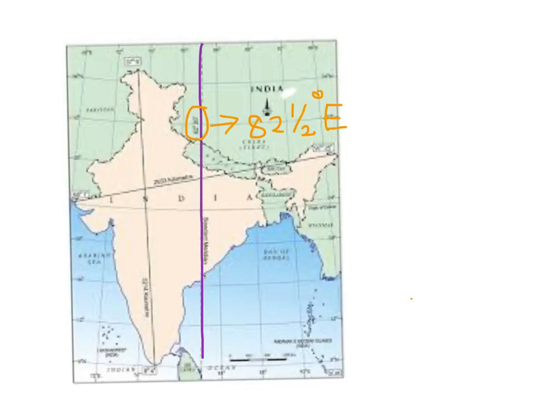The standard meridian of India is fixed for the purpose of fixing standard time. In the next video, we will see how the standard time is fixed for any country. You have studied this in standard 6, but we need to revise a little.